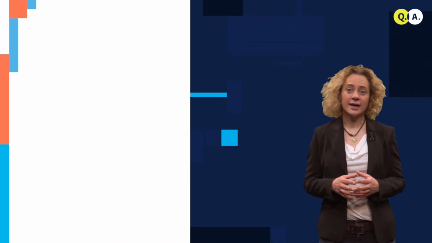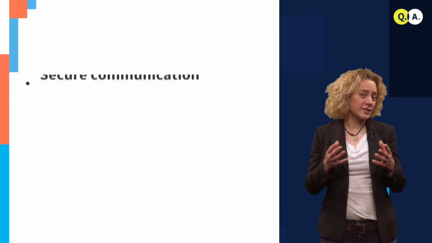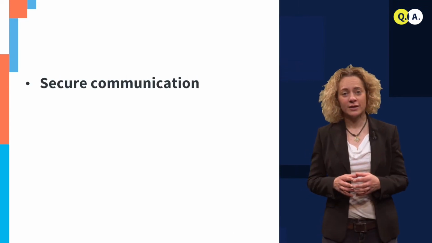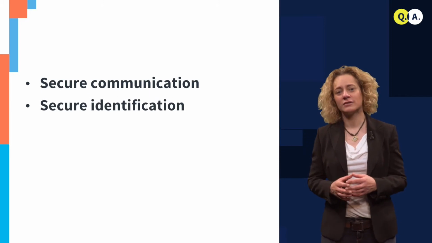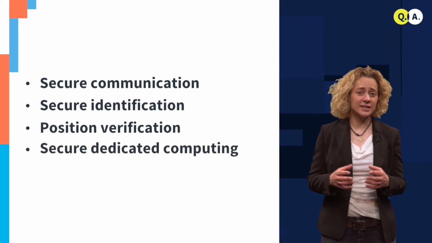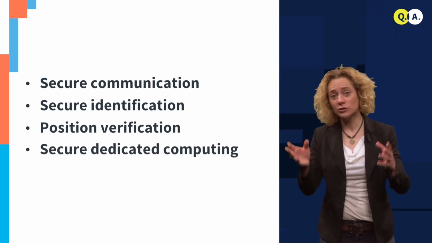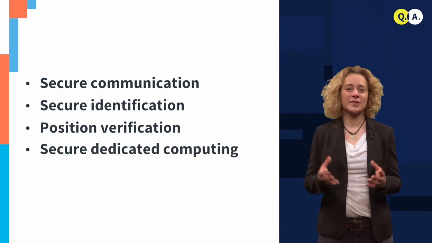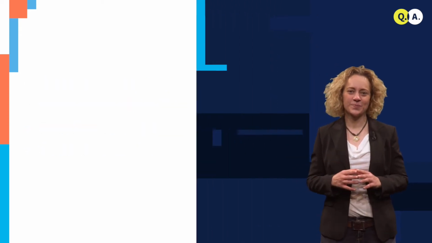For example, it allows us to do absolutely secure communication, secure identification, position verification, secure dedicated quantum computing in the cloud, and many others we will visit in other videos.